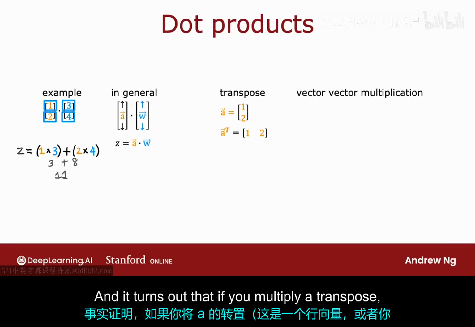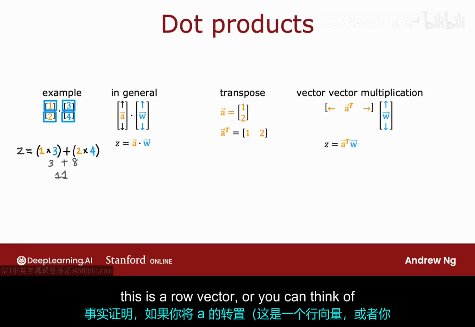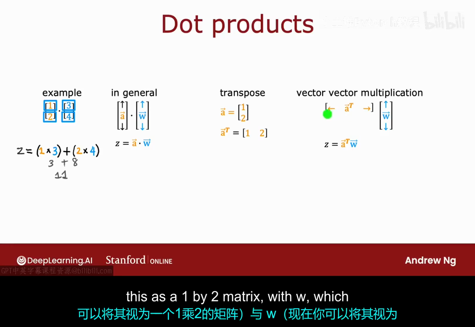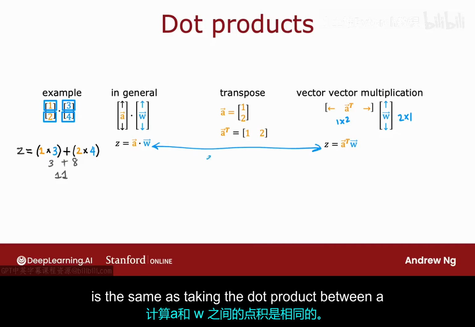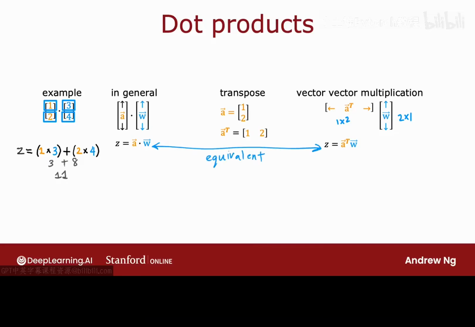And it turns out that if you multiply a transpose, this is a row vector, or you can think of this as a 1 by 2 matrix, with w, which you can now think of as a 2 by 1 matrix, then z equals a transpose times w, and this is the same as taking the dot product between a and w.